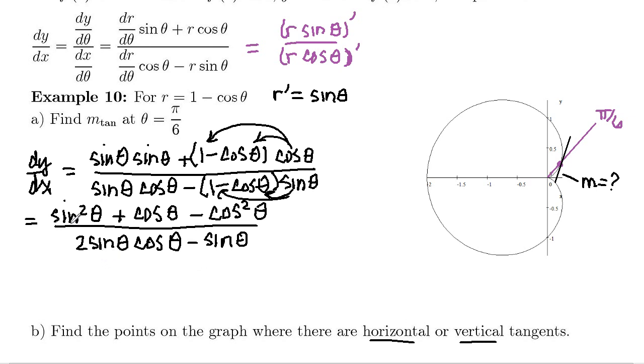What I'm going to do is swap out this sine squared for 1 minus cosine squared. So this will be 1 minus cosine squared theta, plus cosine theta, and minus cosine squared theta.